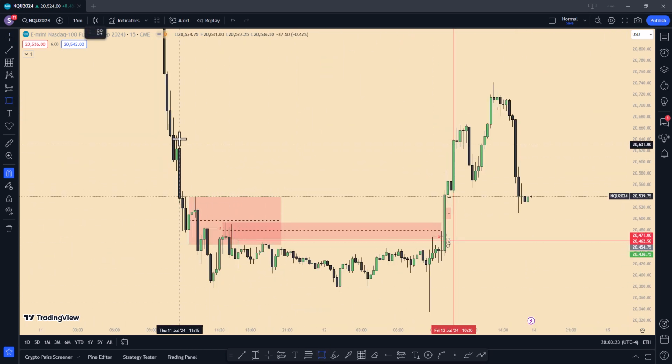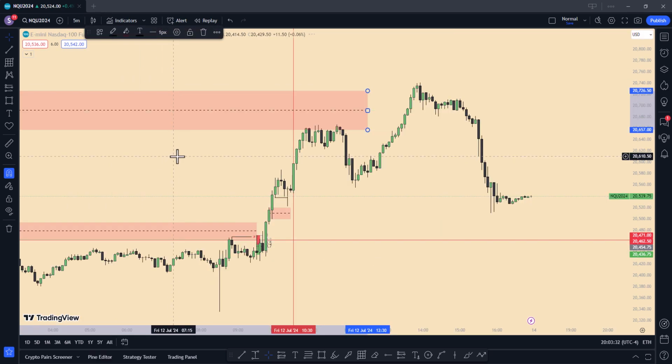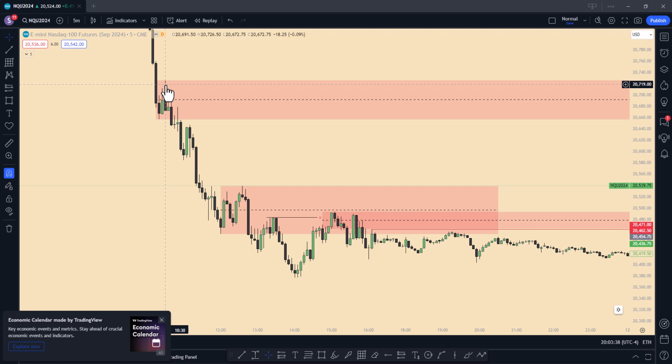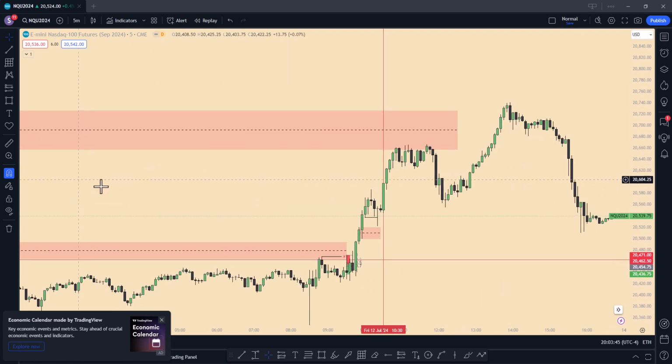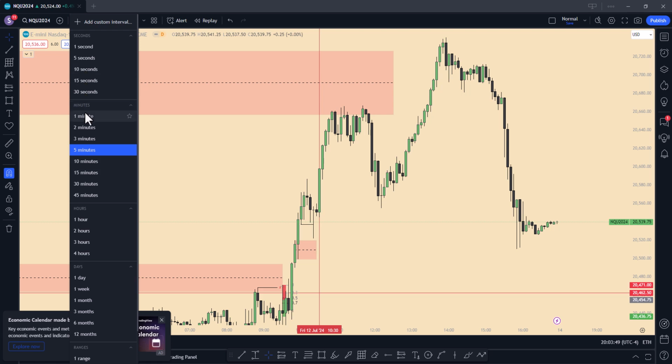So we have a fractal right here, right? As you can see here, it looks better on the 5-minute time frame. See this one right here? It's not valid on the 5-minute, so this is not a valid pullback, but on the 1-minute, it is a valid pullback, right? So price after that, let's go to the 3-minute for this.